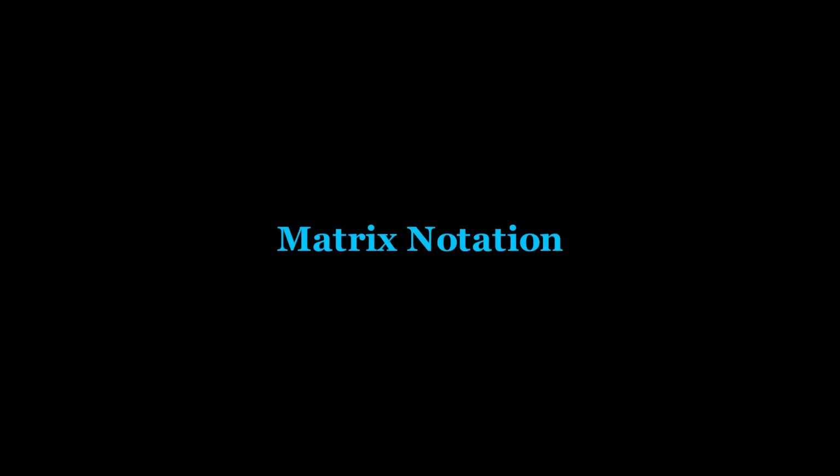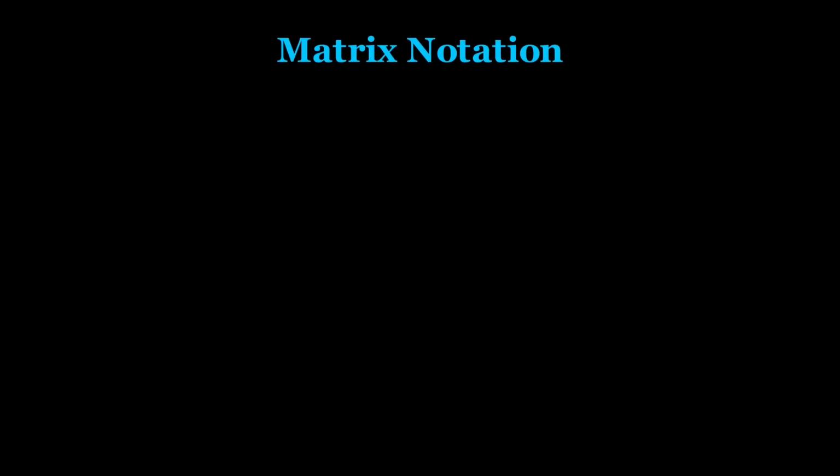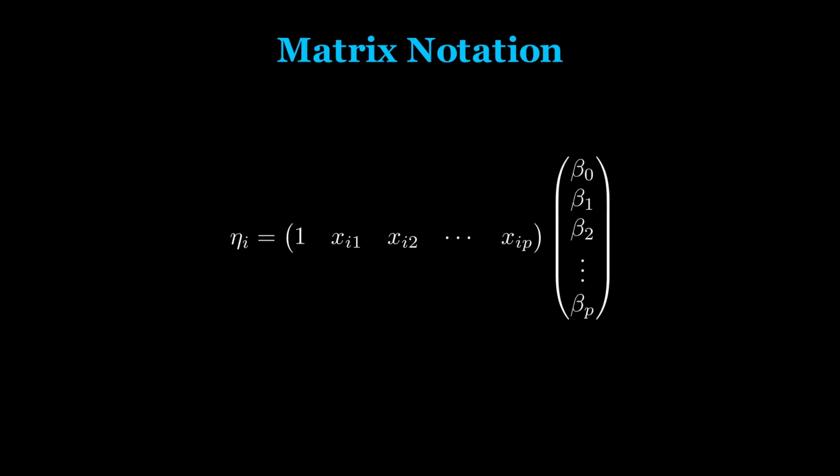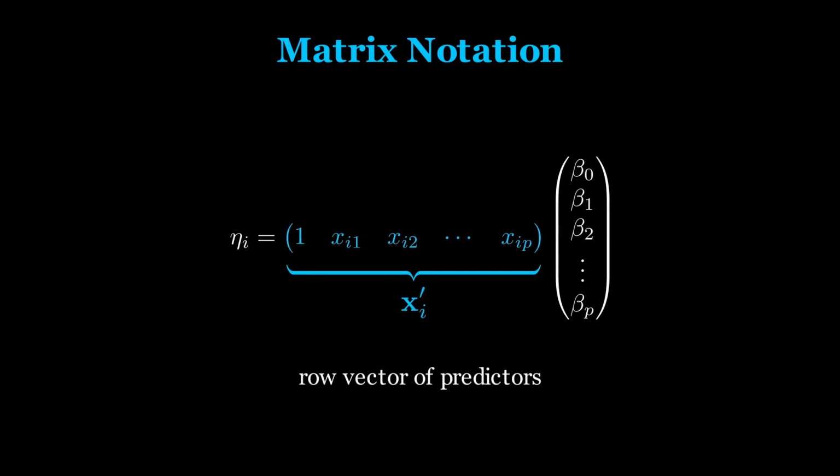By the way, before we get started, you might find matrix notation in the source material on GLMs. I sort of get why it's used, but it's kind of confusing to visualize what the vectors represent without writing it out. Let's quickly discuss the two vectors used in the source material so you're familiar with the notation. X sub i represents the column vector of predictor variables.